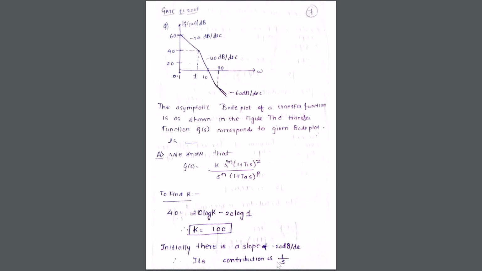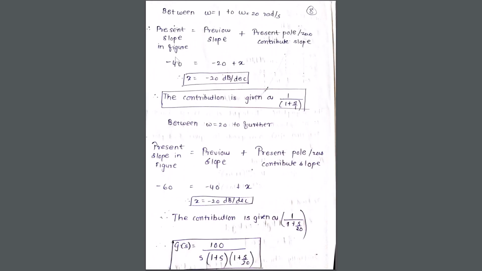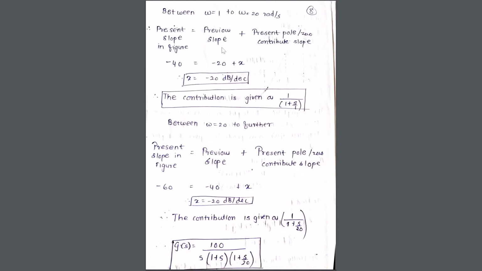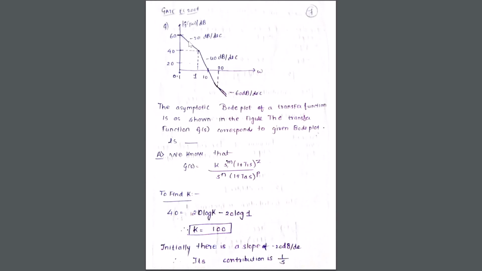Similarly, when the plot is given to you and you have to find out the transfer function, again follow this procedure and keep on solving the question. Now over here, the present slope in the figure is already given to you because the plot is given. Previous slope, obviously we always have, whether the plot is given or when we are drawing.